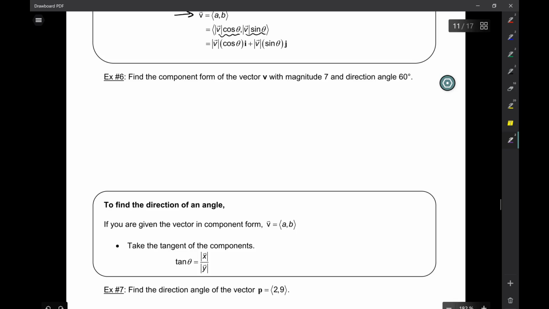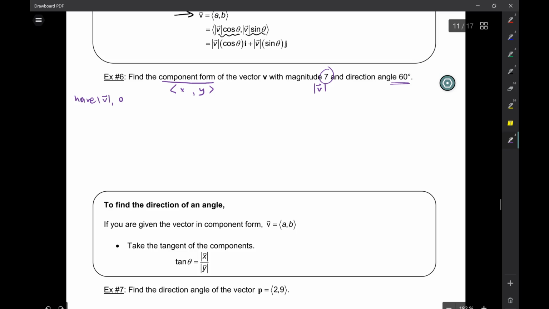It says find the component form, like this, of the vector v with magnitude 7 and direction angle 60. Magnitude 7, direction angle 60. So basically, v is that, and theta is that. What I want here is to put x and y, but I have v and theta.